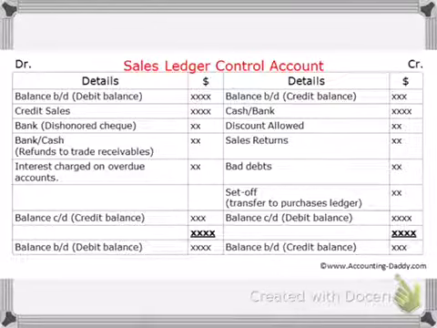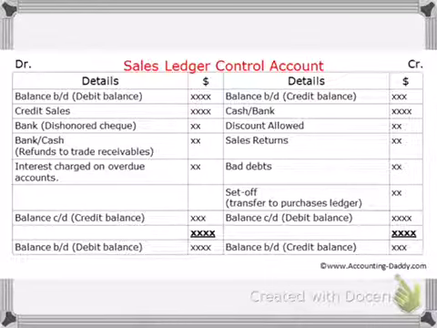So let's say I have 4 customers, A, B, C and D. So obviously the transactions that I do with them will be recorded in their respective individual T accounts. But in this control account, the total of those entries will be done, right? So for example, I've made credit sales of $100 each to Mr. A and B, right?